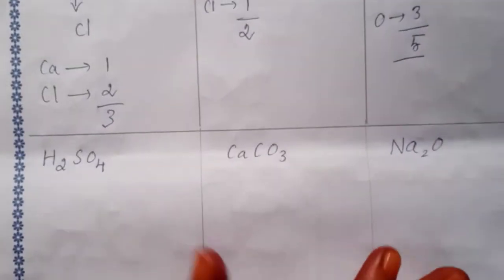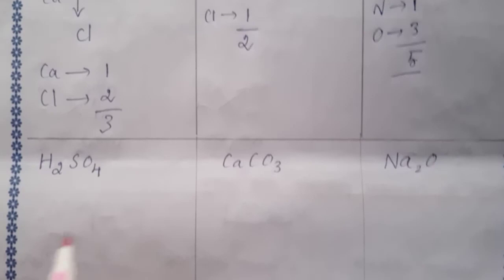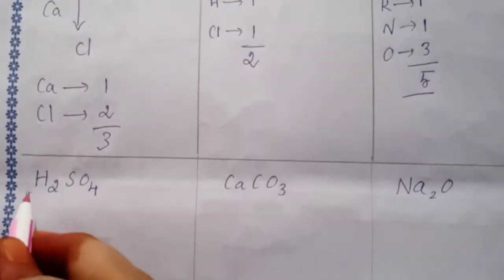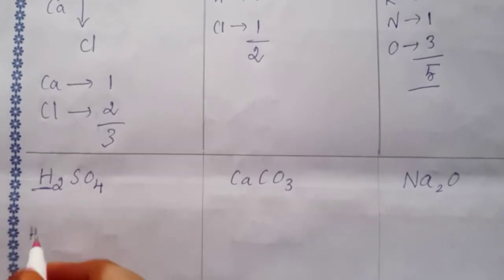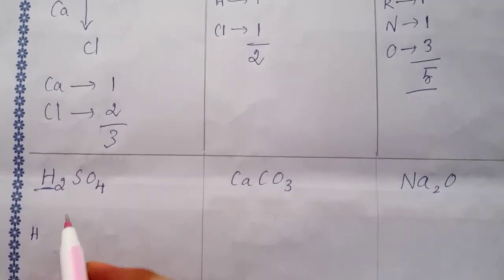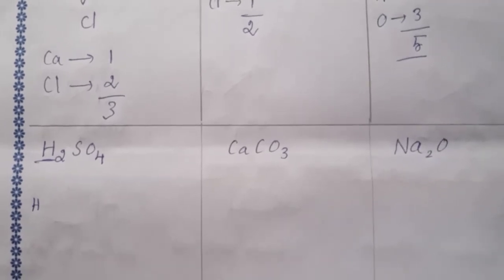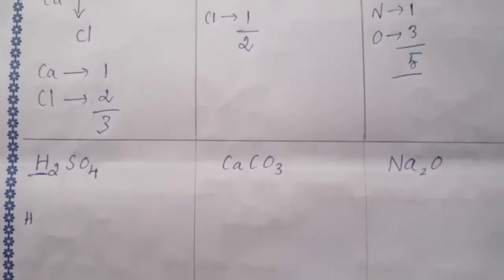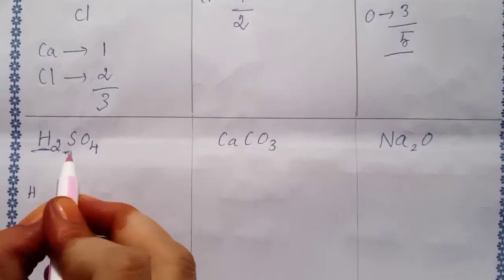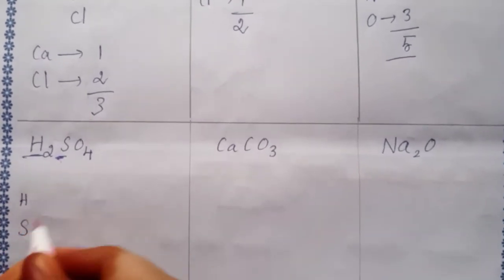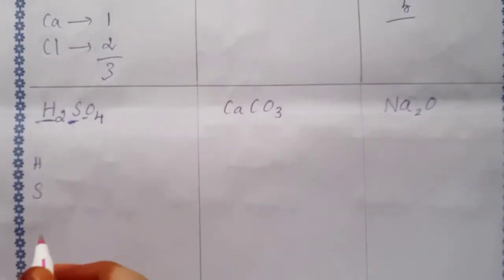Like that H2SO4. First you have to find out what atoms are present in it. Here hydrogen, and don't consider the ion. We can focus only on the atoms alone. What are the atoms? How many atoms? Here S represents the sulfur atom, O represents the oxygen atom.